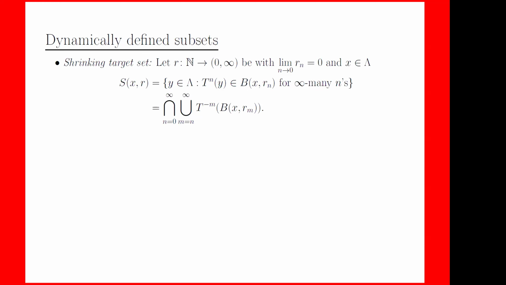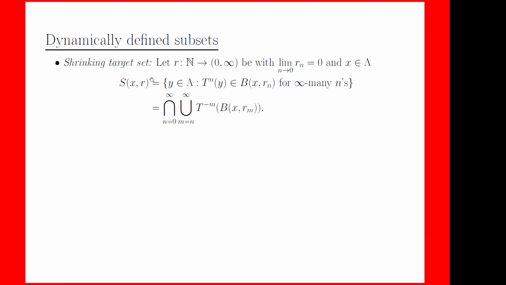So take a rate, and just for fun, let this rate be a sequence converging to 0, and fix a point x. This will be your center of the shrinking, and this will be your size of the target.